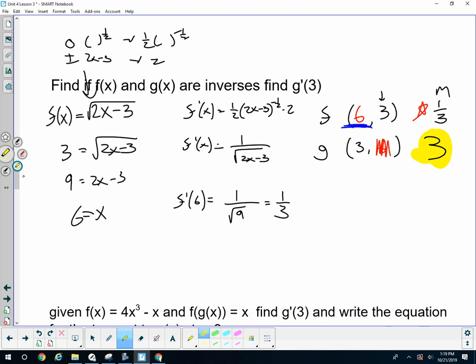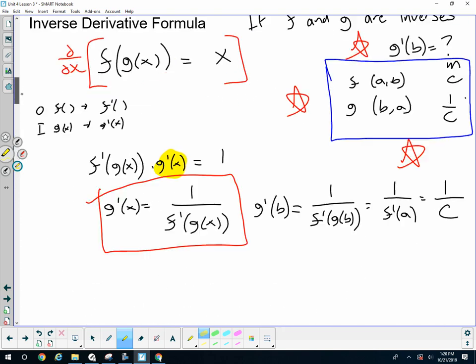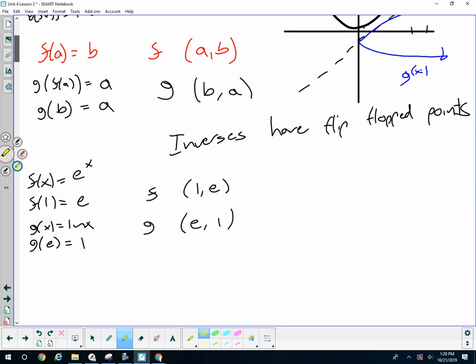I forgot to go back and show you with our first example, e to the x and log x. Remember, the tangent slope generator for e to the x is e to the x. Let's create the table here. So f prime of 1 is e. My table says I should get 1 over e for the derivative of g at e.